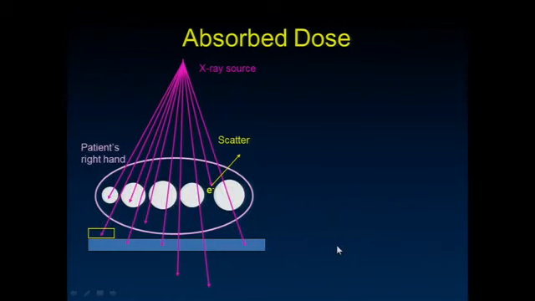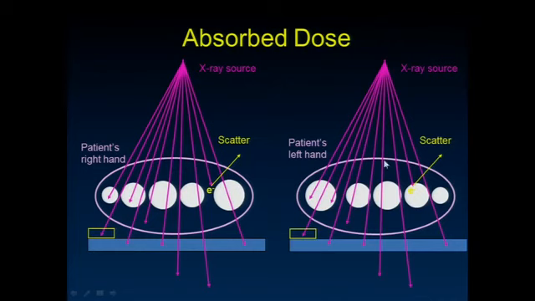And the other thing I want to mention to you is that the absorbed dose is defined per unit kilogram of tissue. So when I calculate the absorbed dose for irradiating the patient's right hand, I get a particular number. And when I irradiate their left hand, I get a particular number. But remember, I irradiated a separate mass of soft tissue here.